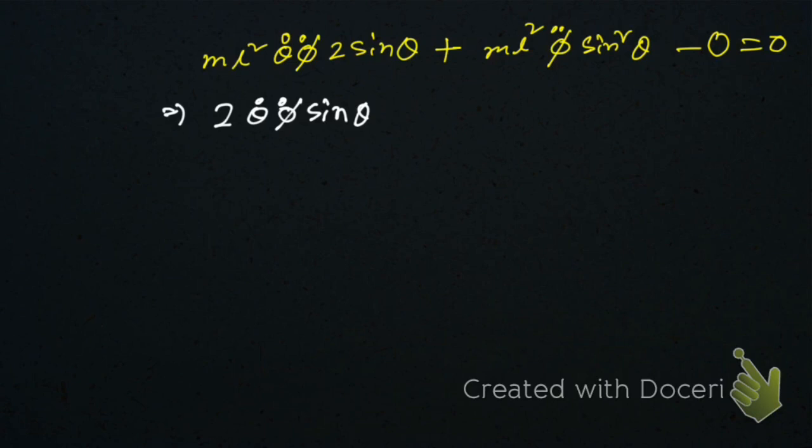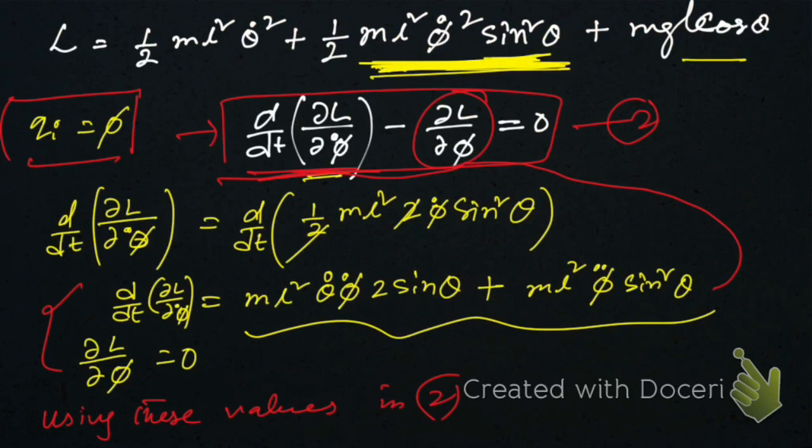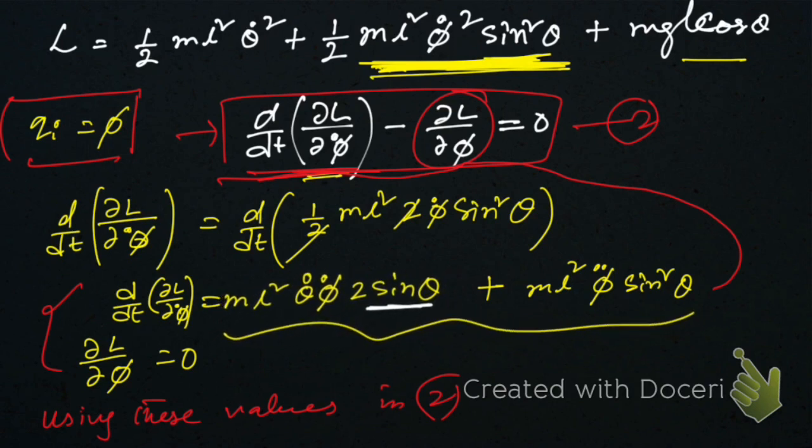And one more thing, we should also differentiate sine theta as well. So let me go to the previous slide. Here we have sine theta, right? If you differentiate sine theta, this is a function of a function, so you should have got cos theta as well. So here we need a cos theta term as well.